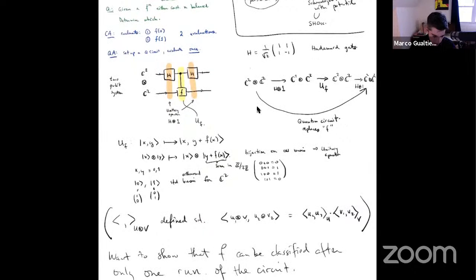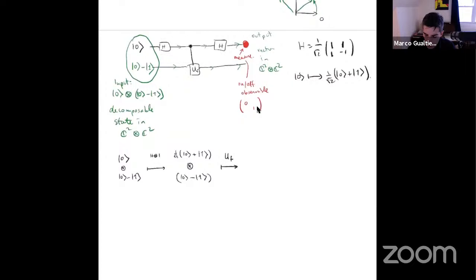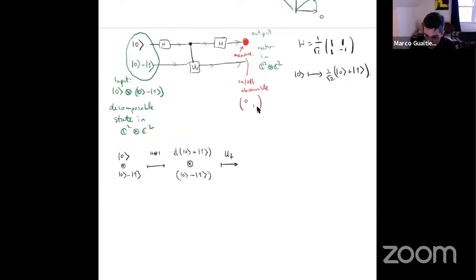So F doesn't change the first argument, but it changes the second. Now, what does it do? It just changes it by adding the value of F. So, for example, let's say that we just look at UF applied to 0 tensor 0 -1.